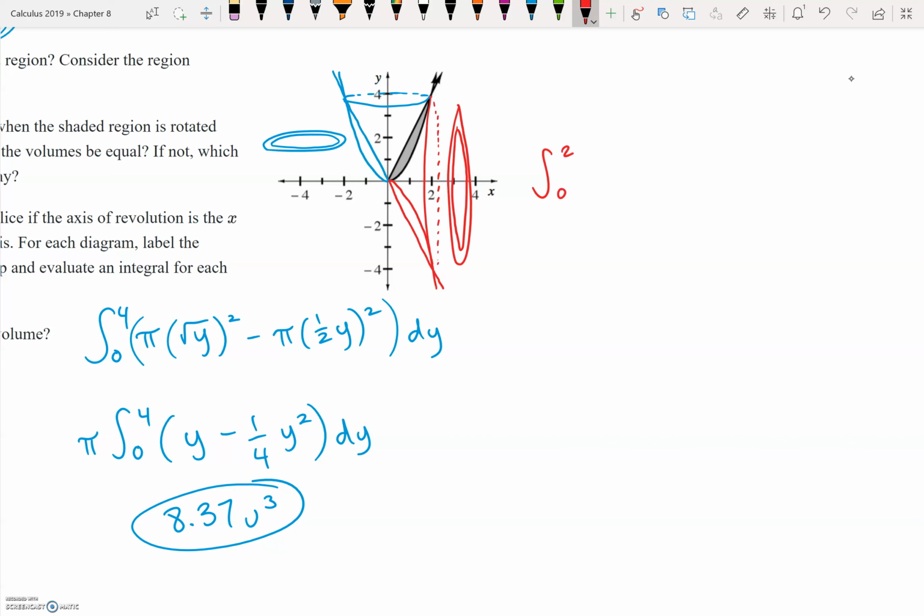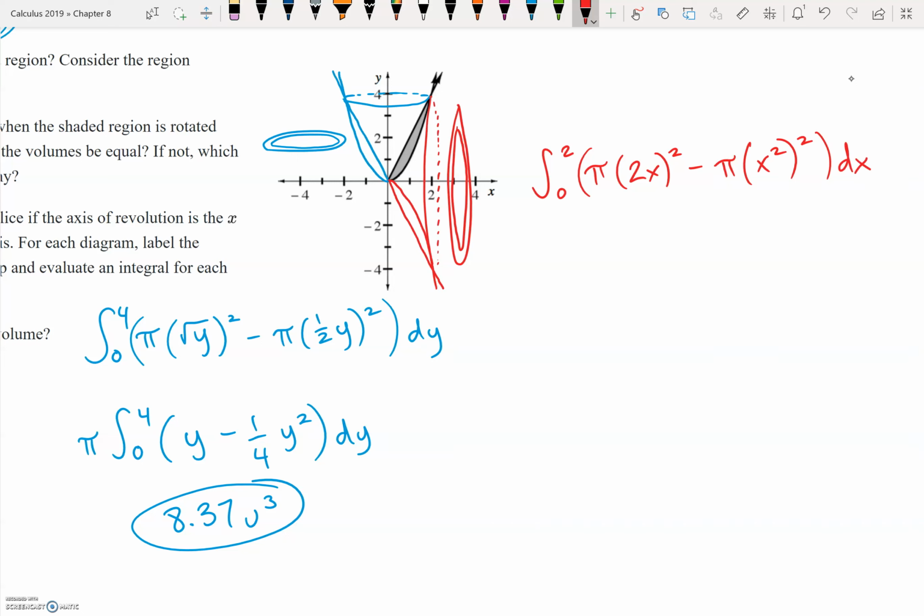Our outside function is going to be the line, and our equation for that is pi times 2x squared, minus our inside function, which is going to be x squared, so pi times x squared squared, dx.